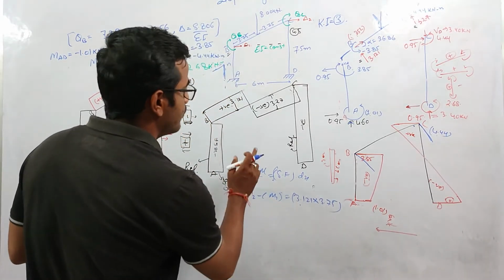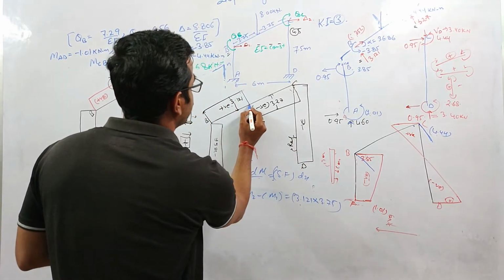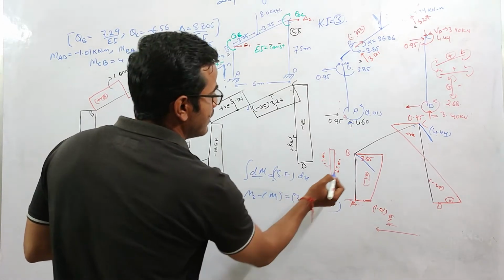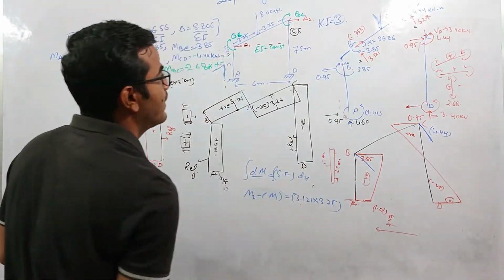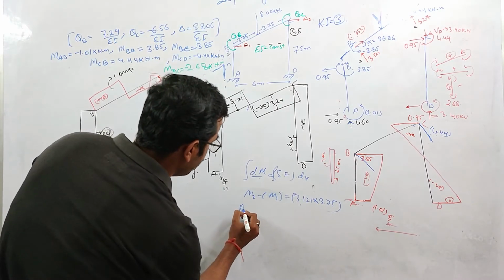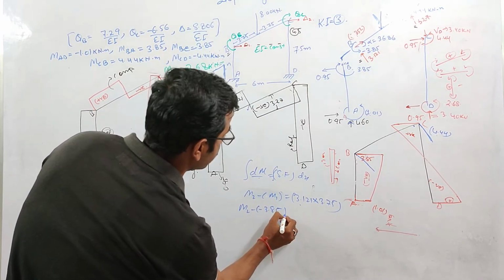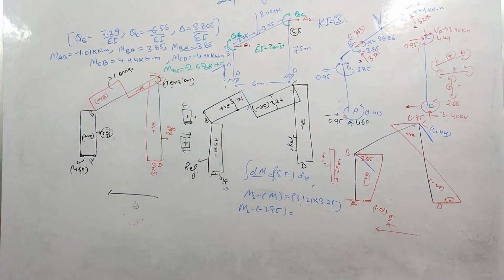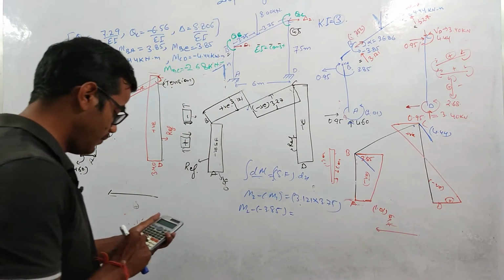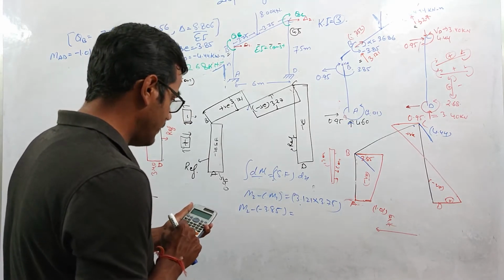M2 minus M1. M2 is the moment which we will get over here, and M1 is this moment which is negative, minus 3.85. So M2 minus of minus 3.85 equals 3.121 into 3.75.